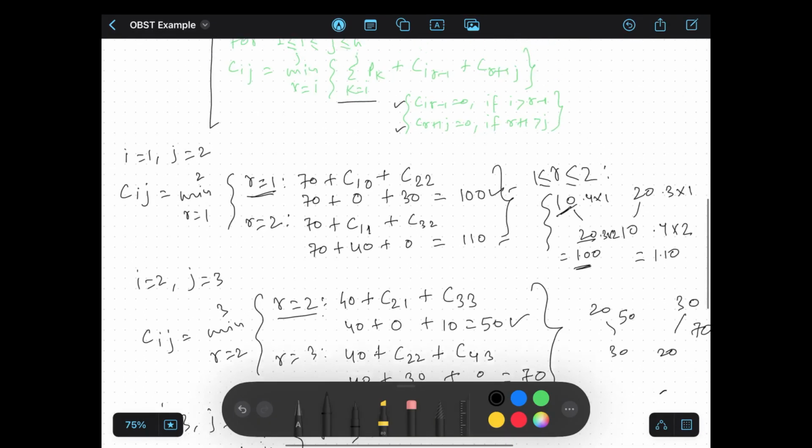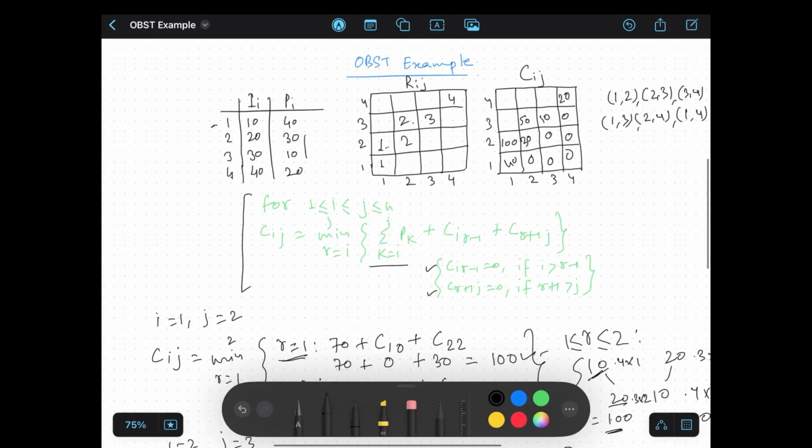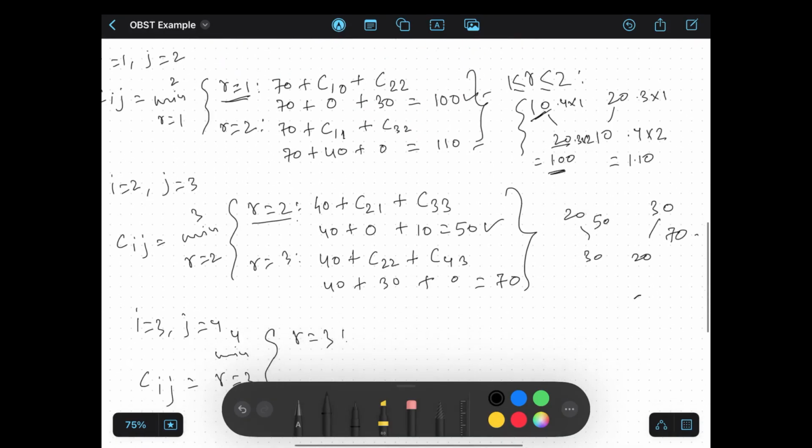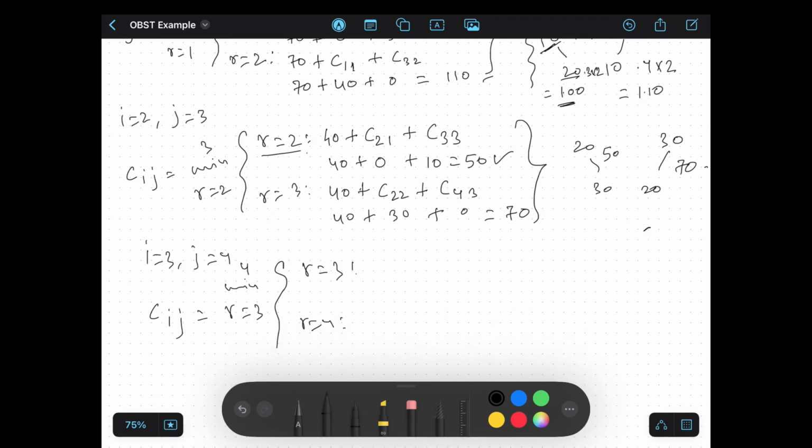So summation of probabilities of item 3 to 4 is 10 plus 20, which is 30. So 30 plus cost of 3, 3, plus cost of 4, 4. This is boundary condition, and 4, 4 is 20. So this came out to be 50.